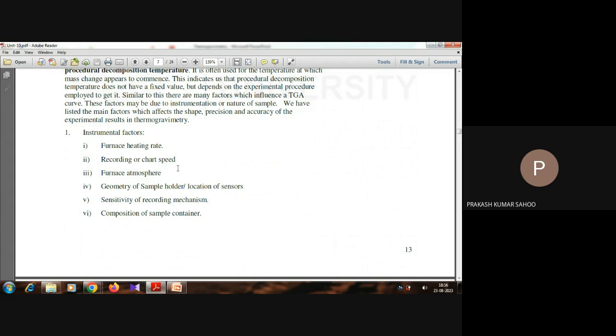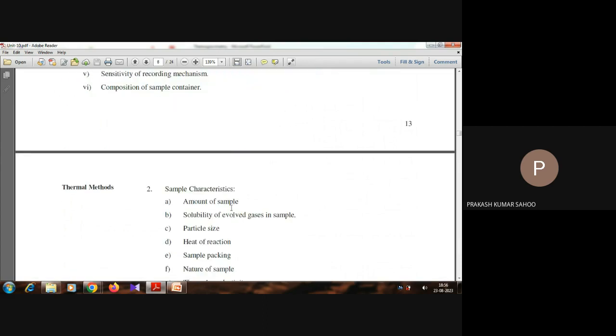Then geometry of the sample holder, and location of the sensor is a vital factor. That is, the sample holder geometry, whether it is square, circular, rectangular, or another type. But the heating must be controlled. Then location of the sensor is another important part, sensitivity of the recording mechanism, and composition of the sample container. These are the important things.